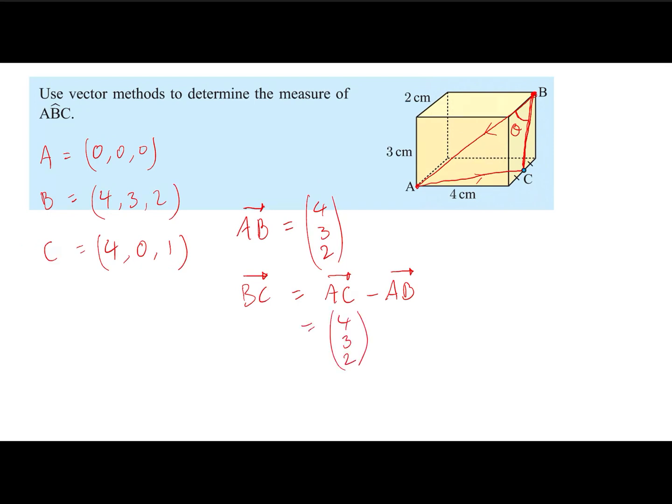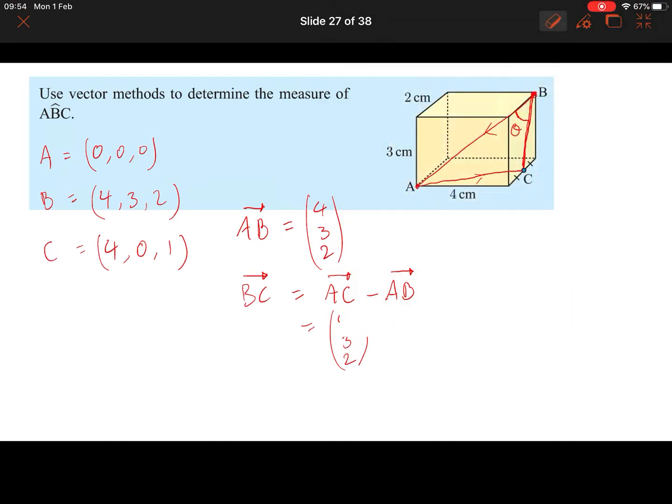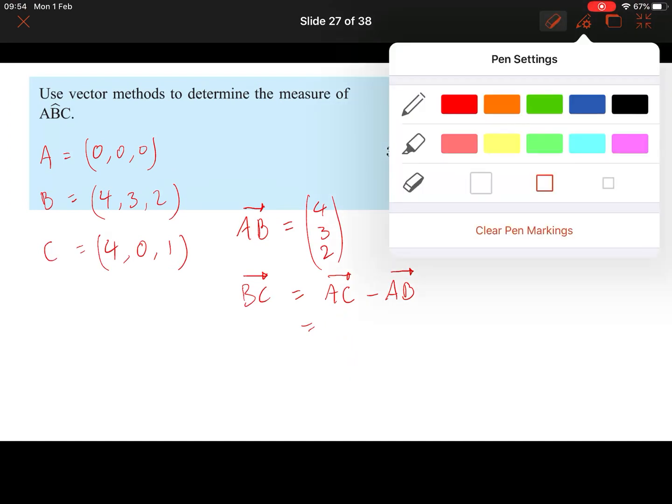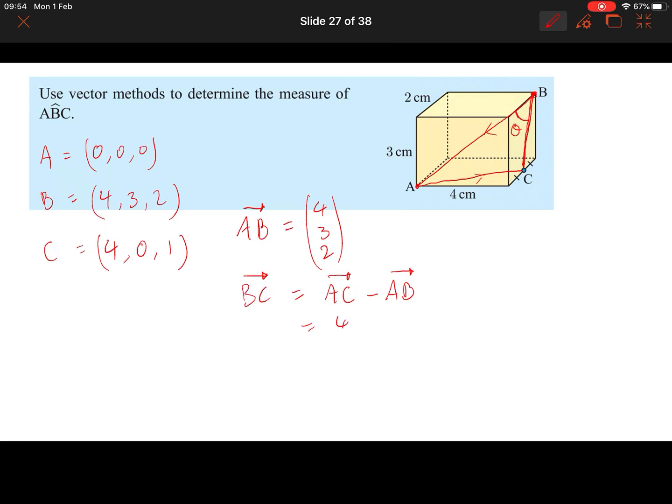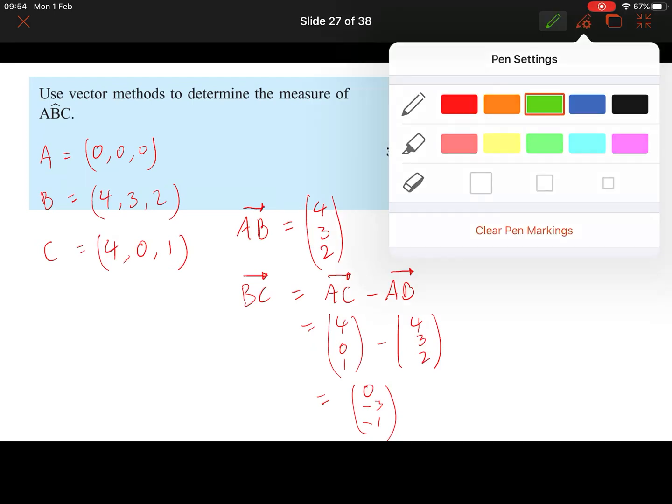So I get AC minus AB. AC is 4, 0, 1, minus AB, which is 4, 3, 2. So I get 0, -3, -1.